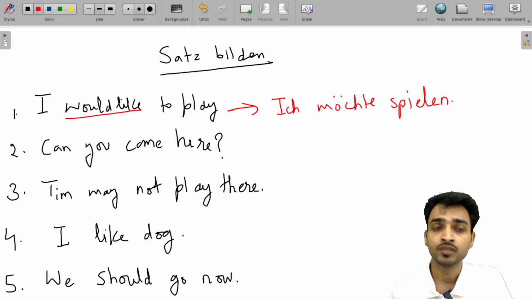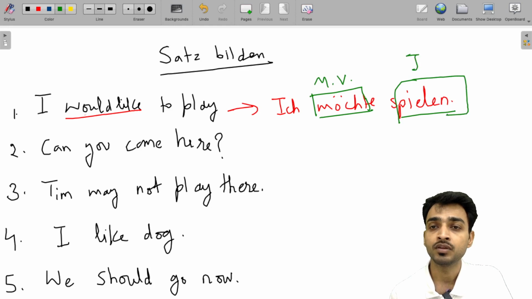Here you see the rule. Möchte is at second place, and another verb at last place. This is the rule. We write the modal verb at second place and another verb at last place. This is called infinitive. We write the infinitive verb at the last and the modal verb at second place.